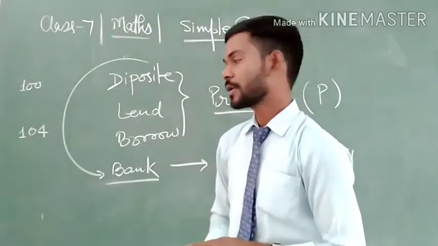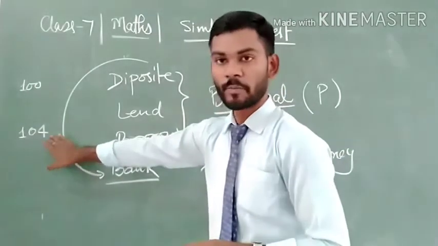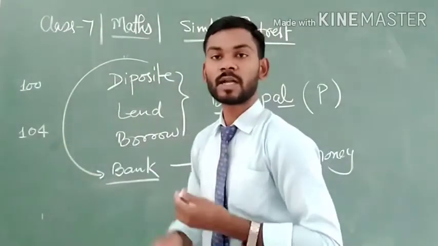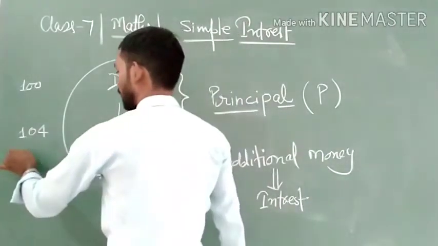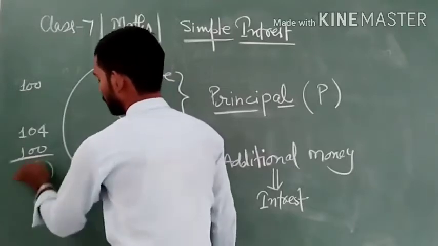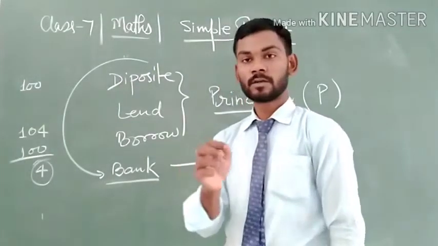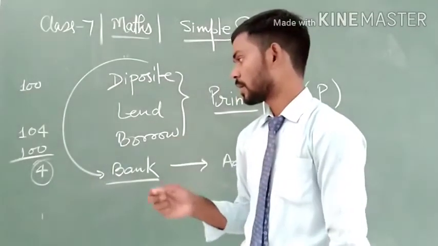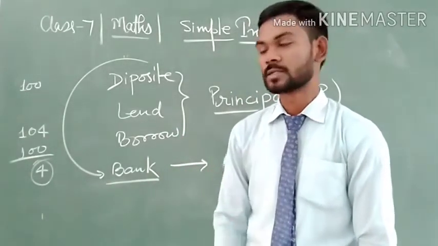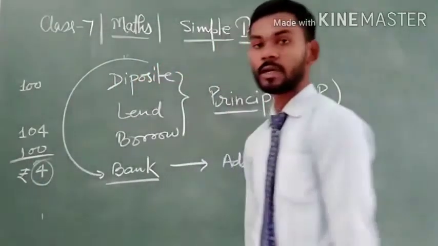Then what is the meaning of 104 rupees? It shows that the bank gave you some additional money. And what is the value of that additional money? You just subtract 100 from 104, you will get 4. Then you will say that the bank gave us 4 extra rupees, which is called interest, so this 4 rupees is known as the interest.